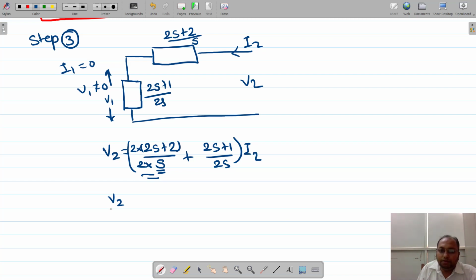Let us take that I2 to the left hand side. Now let us multiply by 2 inside this bracket, so it is going to become 4s plus 4, as it is. This is nothing but 2s plus (2s + 1)/2s.